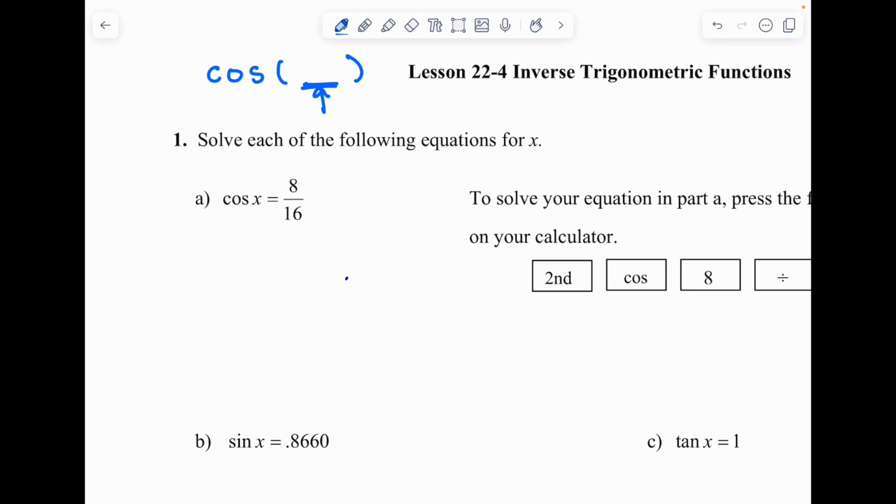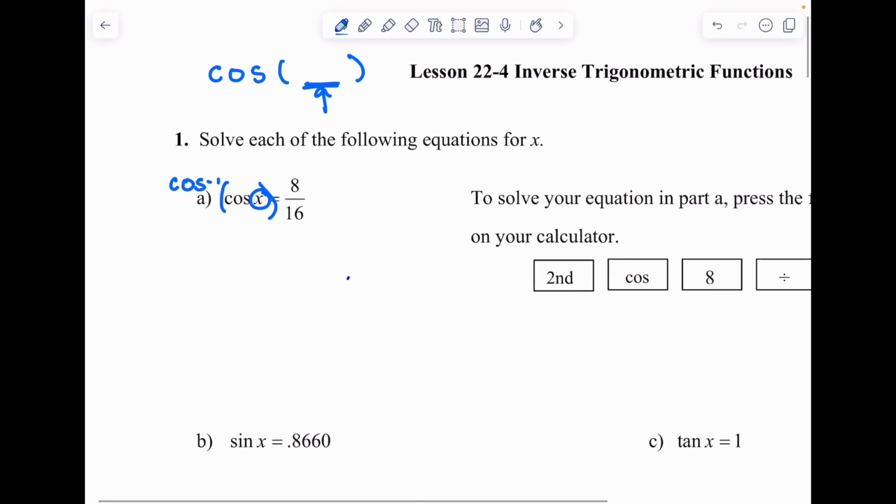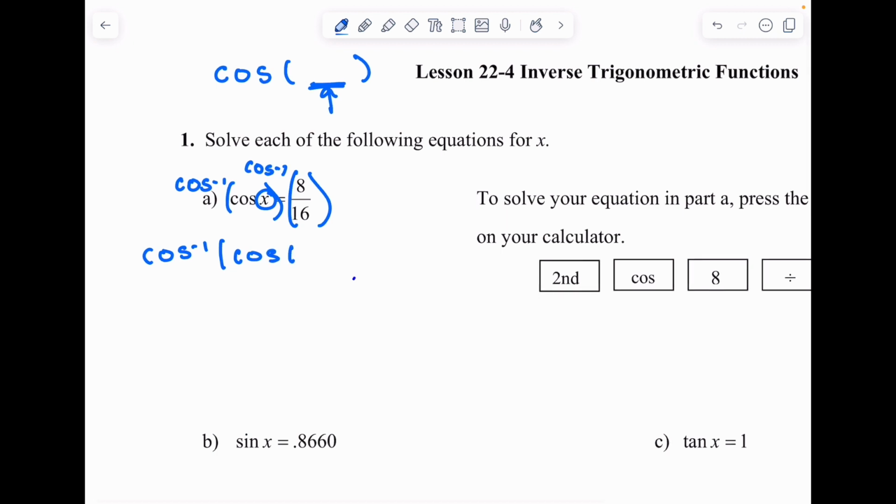So in order to get rid of cosine, because I need x by itself, I need to take the inverse cosine of both sides of my function. It looks like this: inverse cosine of x and inverse cosine of 8/16.